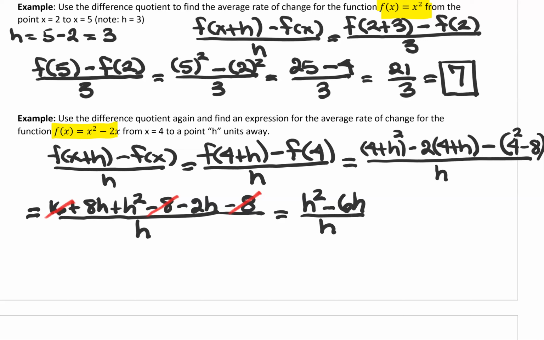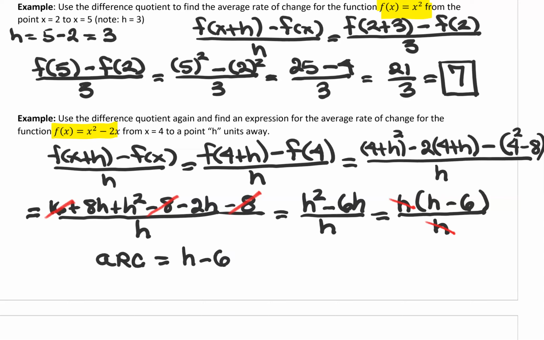Now, we can simplify this if we factor on the top. If we factor out an h, then we can get something of this form, and now that we have a common factor, the h's can cancel. So here's our expression for the average rate of change. It's just h plus 6.